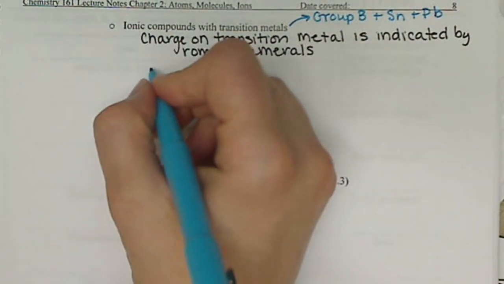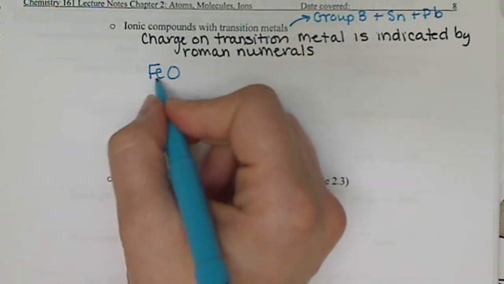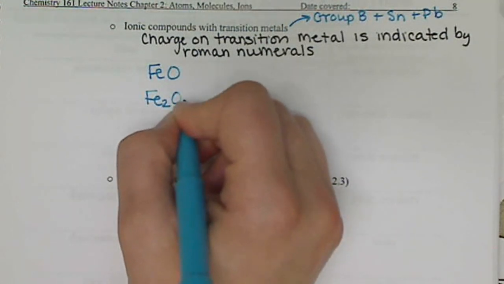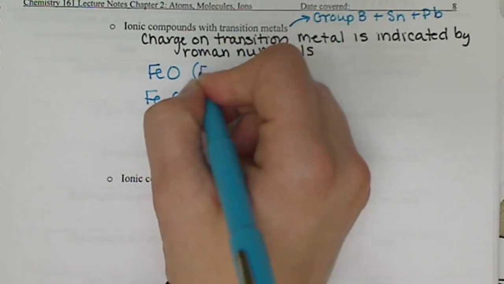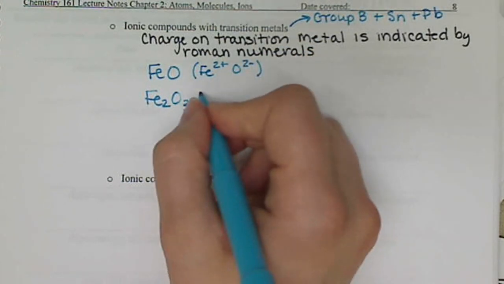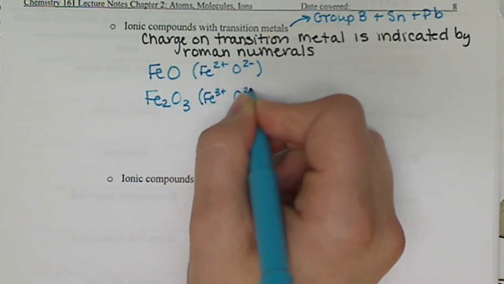So if we look at two examples, we wrote down a couple compounds earlier. We had FeO and we had Fe2O3. And we knew this first one came from Fe2+ and O2-. Down here we had Fe3+ and O2-.